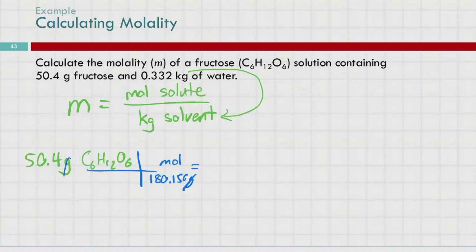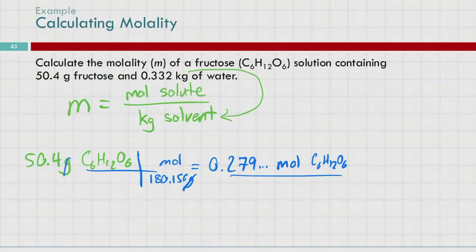So 50.4 divided by that number, 0.279 moles C6H12O6. Now we've got everything that we need. We just plug it into our formula.